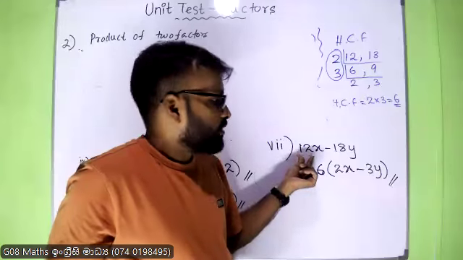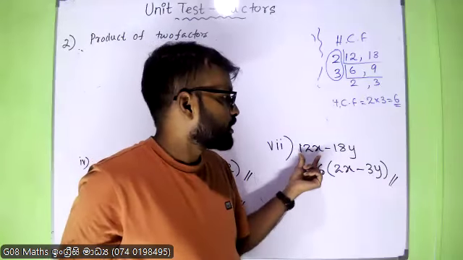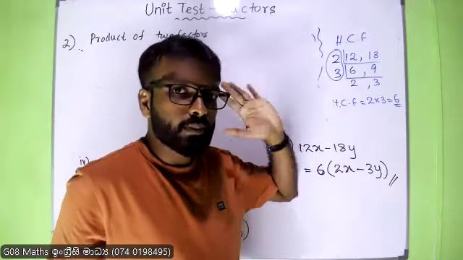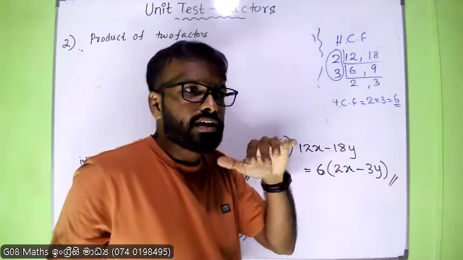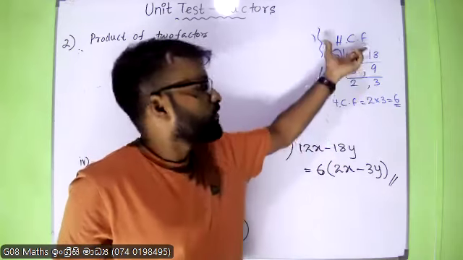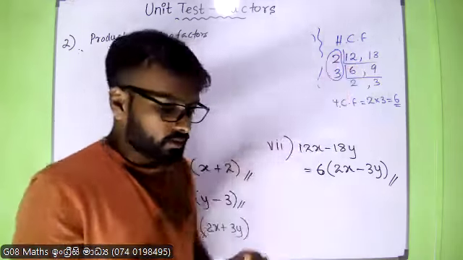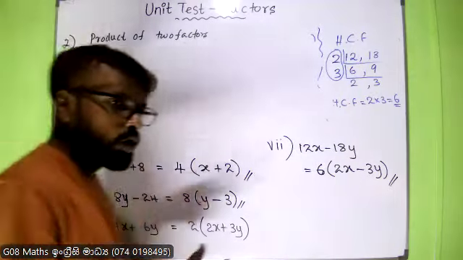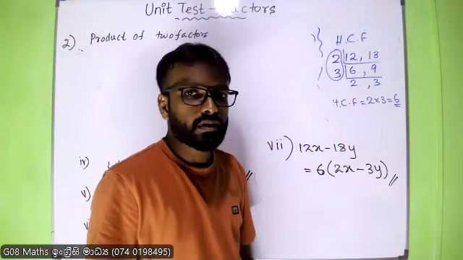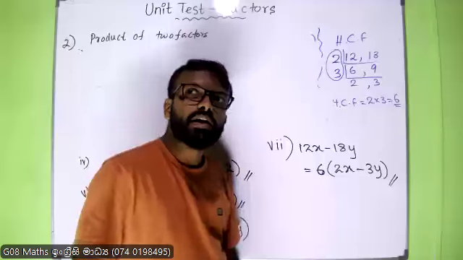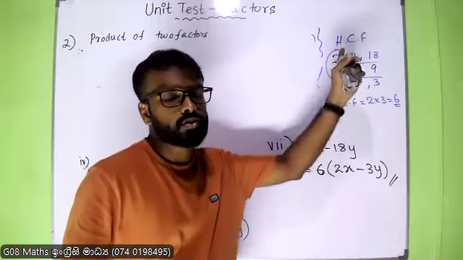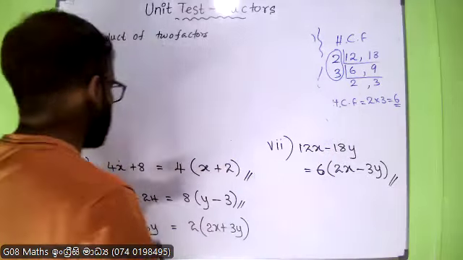If you can identify at once that for 12 and 18 the highest common factor is 6, you can do this without finding the highest common factor. Keep that in your mind.